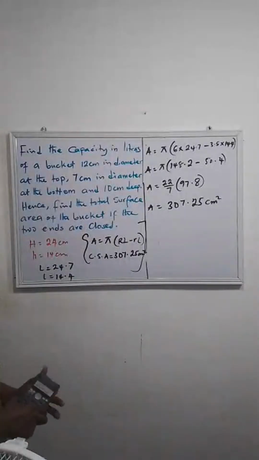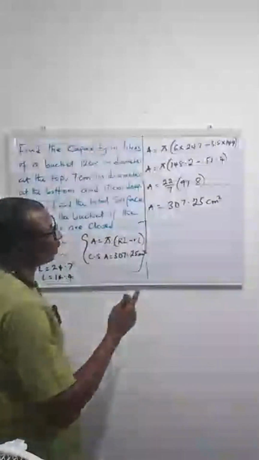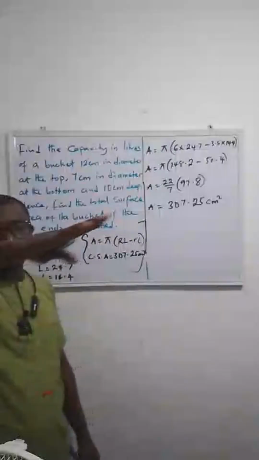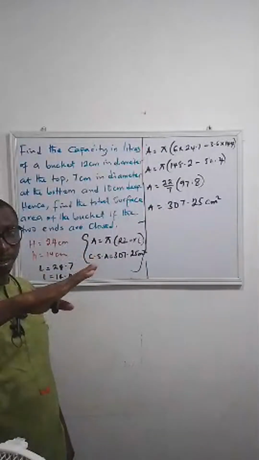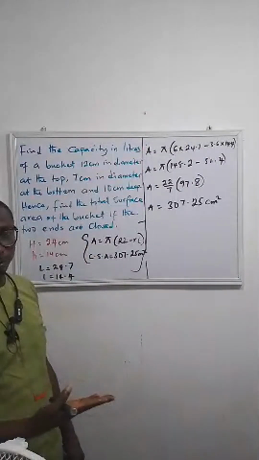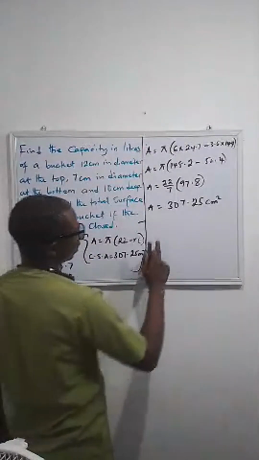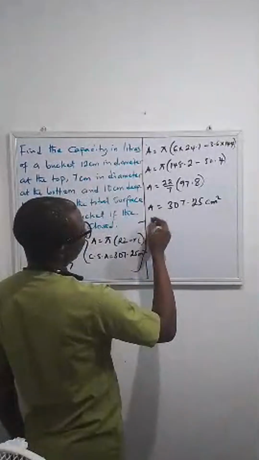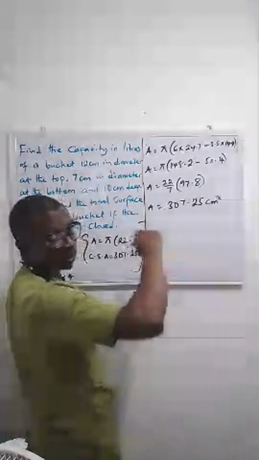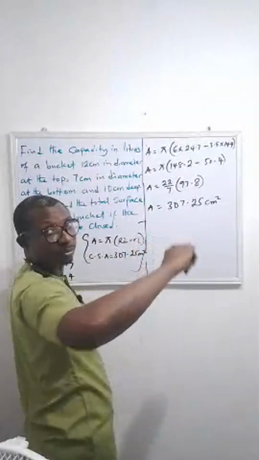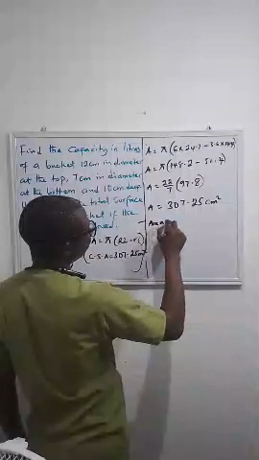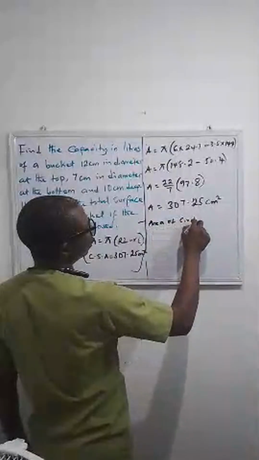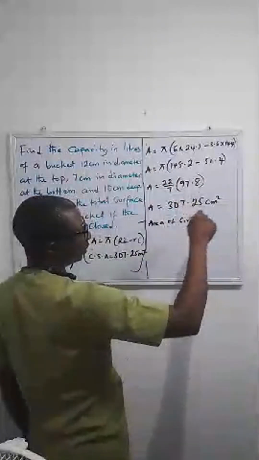So that means we are going to find the area of the upper circular sectional area and the bottom. So now let's look at it. Now the first one, we have the upper one, which is the bigger circle. So that is the area of circle one. That's circle one. The up one.